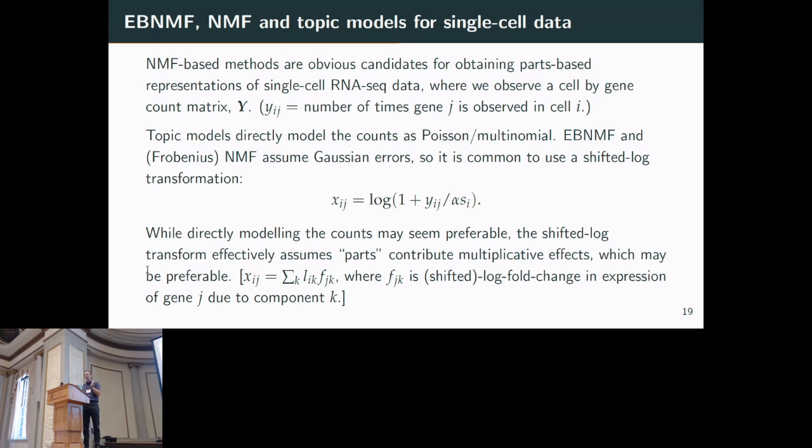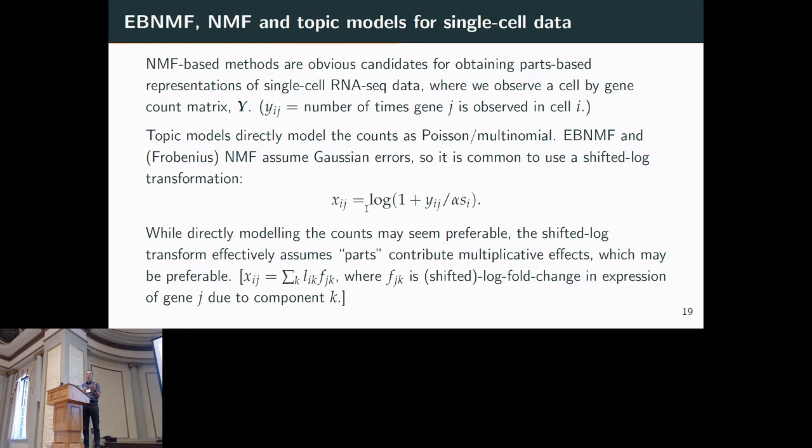That is, if something is present in a given cell, maybe it doubles the gene expression of certain genes. Some biological factor comes on, and maybe it affects gene expression in a multiplicative way. In fact, that's usually how we model the way that factors that we measure act on gene expression, through log fold changes. So fold change is the multiplicative side. From that perspective, you might prefer to think on a log scale, and this is closer to the log scale than the topic model.